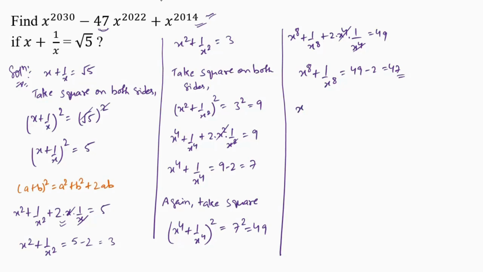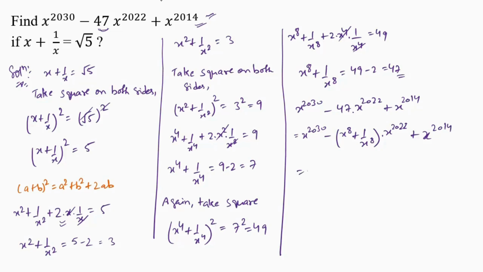So we have x raised to power 2030 minus 47 x raised to power 2022 plus x raised to power 2014. On substituting the value of 47, we get x raised to power 2030 minus x raised to power 8 plus 1 over x raised to power 8 times x raised to power 2022 plus x raised to power 2014.